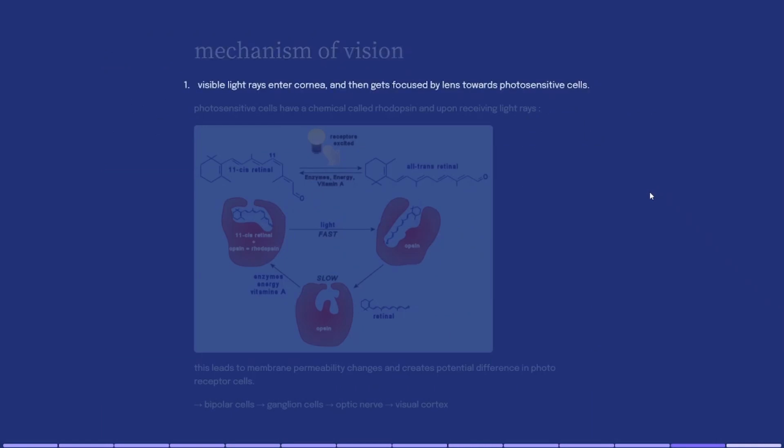So first, as you know, visible light enters the cornea, which passes through the lens, and then the lens focuses the light rays and passes them to the several different photosensitive cells. Now these photosensitive cells, as you have already seen, contain rhodopsin, a photopigment which contains an aldehyde of vitamin A called retinol and a protein called opsin.